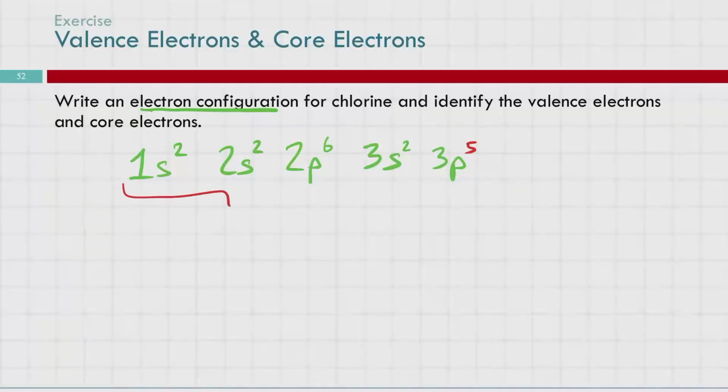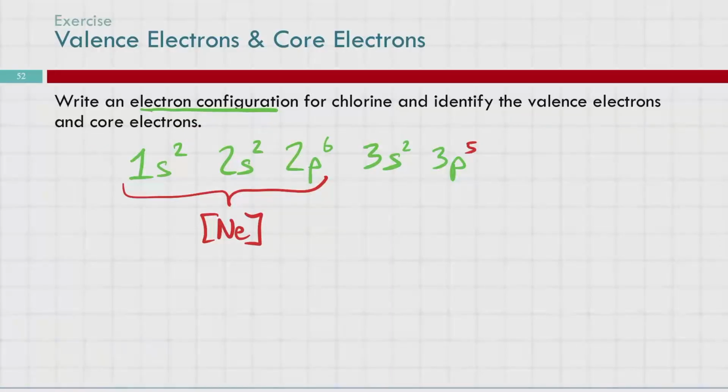You could have also abbreviated the 1 and 2, the 1s, 2s, 2p. You could have abbreviated that as neon in brackets. And when we do this, this also nicely separates our valence electrons from our core electrons.